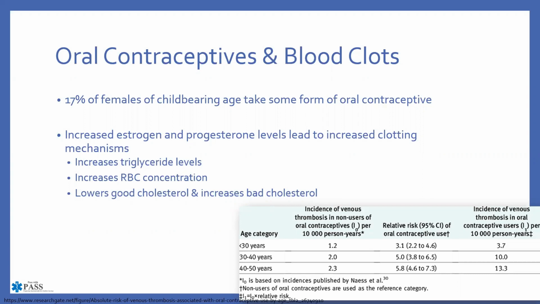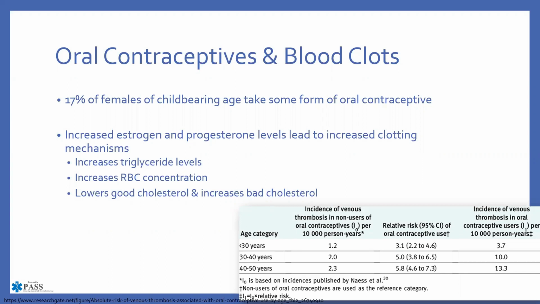Sometimes parents will put their children on these medications pretty early on, even if the child is not sexually active, just to regulate some of the bleeding and pain. So when we're looking at 20% of females of childbearing age, that's a pretty high number. This is something we should be aware of.